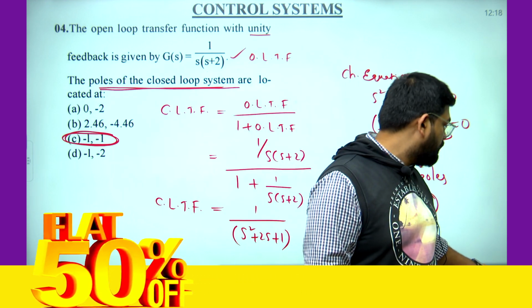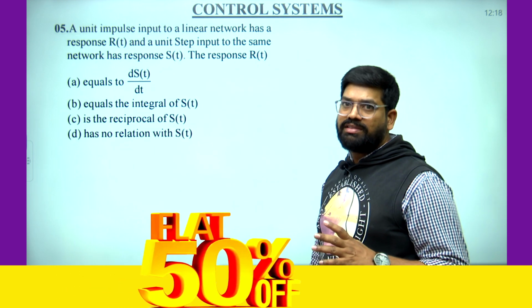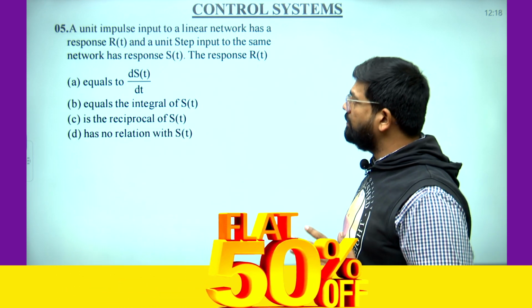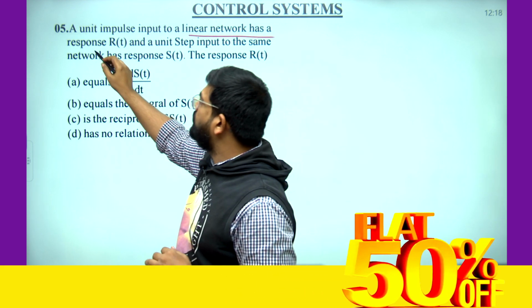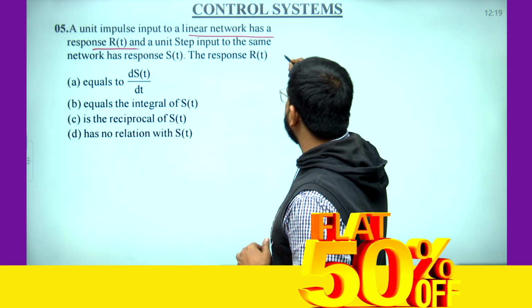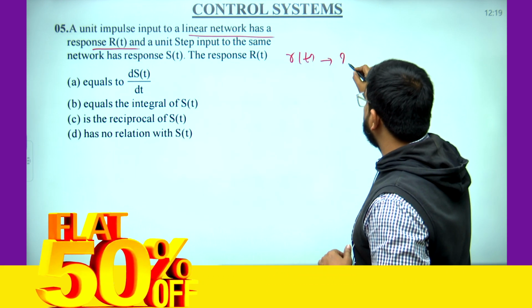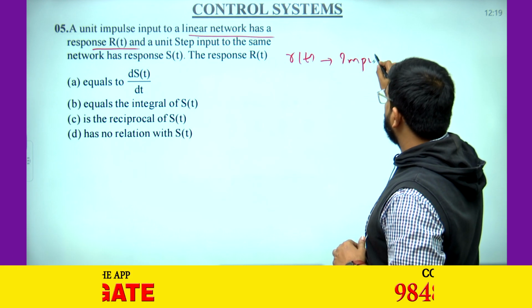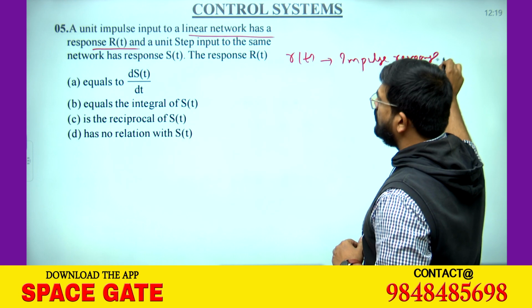Now, move on to the next question here. What we have here? A unit impulse input is given to a linear network, which has a response of R of t. What is he saying? R of t is the unit impulse response. This one is the impulse response, right?